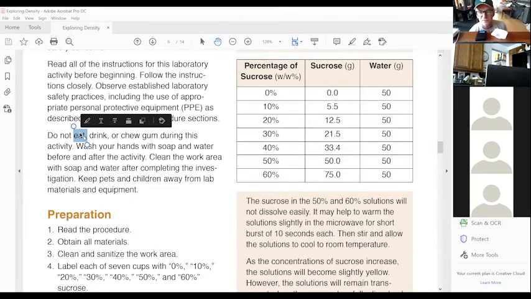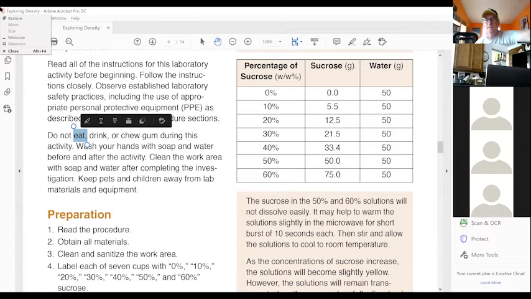Just for a few seconds, like they suggest, about 10 seconds, maybe a couple of bursts of 10 seconds each, okay? So what we'll do is take about 20 minutes if you want to work on making your solutions, and then we'll come back and get started.